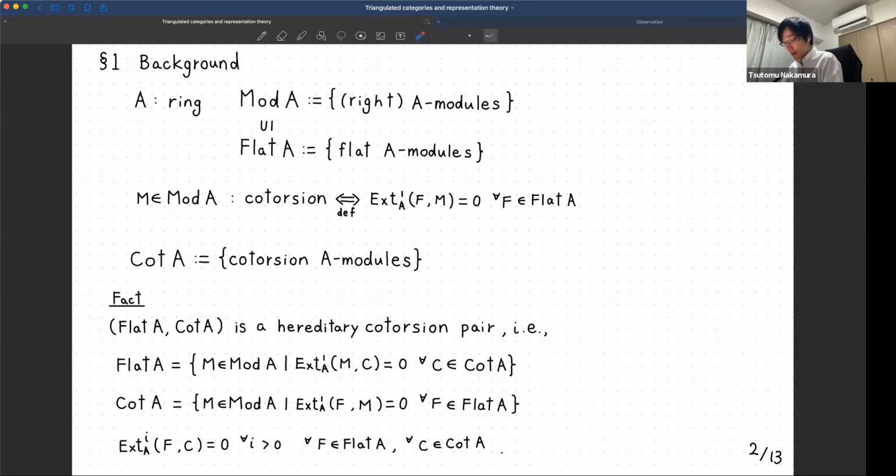Hereditary means that given a flat module and a cotorsion module, all positive extensions vanish.